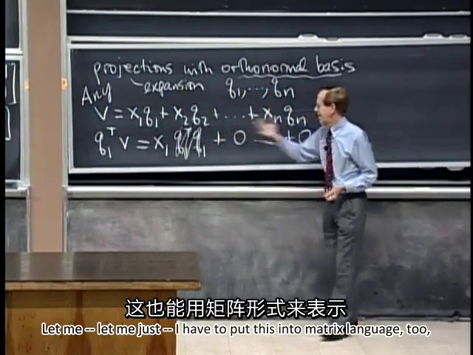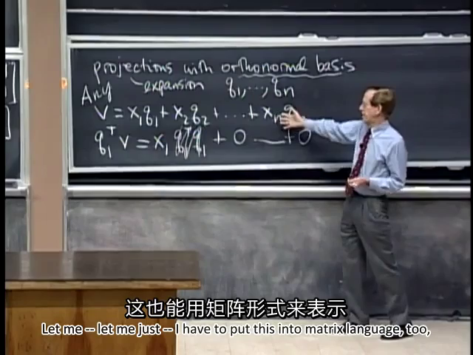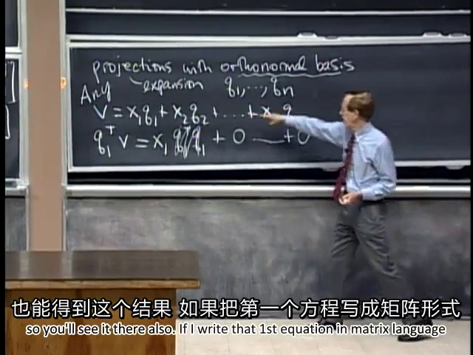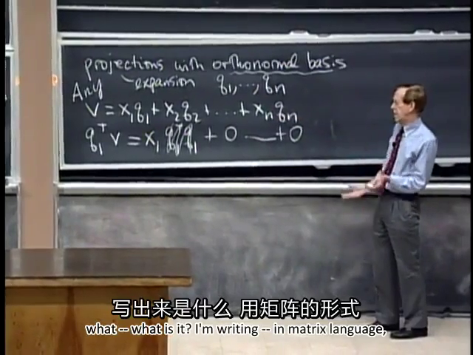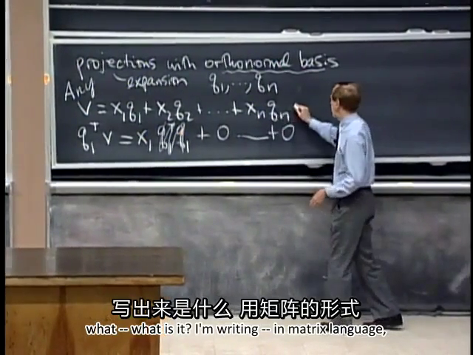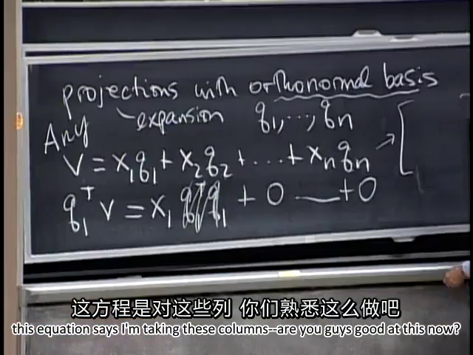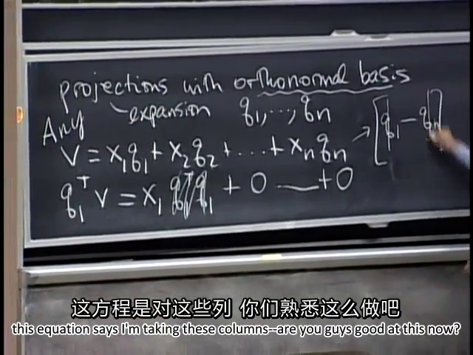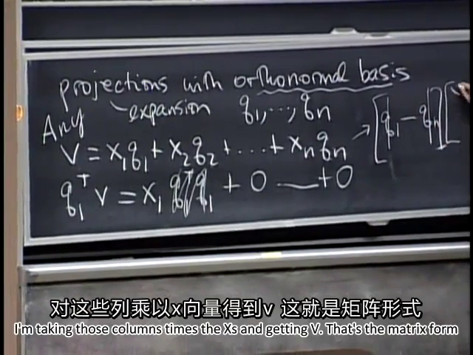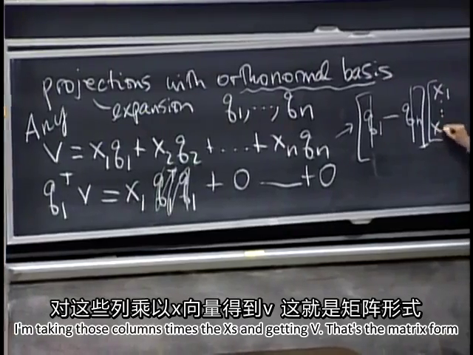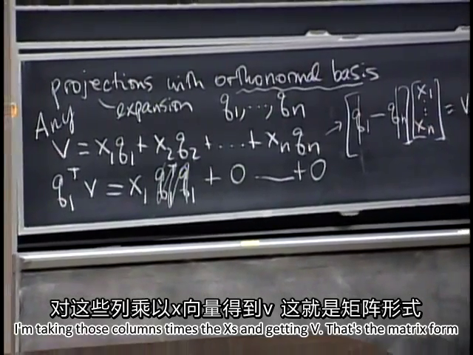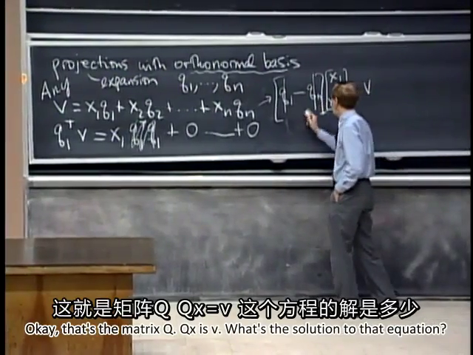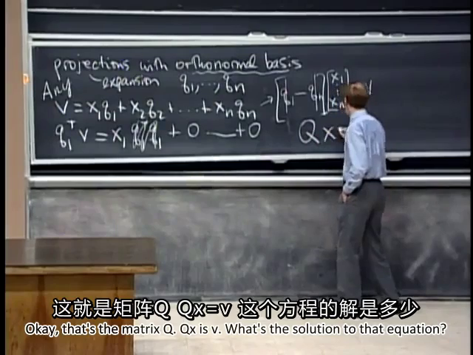Let me just put this into matrix language too, so you see it there also. If I write that first equation in matrix language, what is it? This equation says, I'm taking these columns. Are you guys good at this now? I'm taking those columns times the x's and getting v, right? That's the matrix form. Okay, that's the matrix Q. Qx is v.